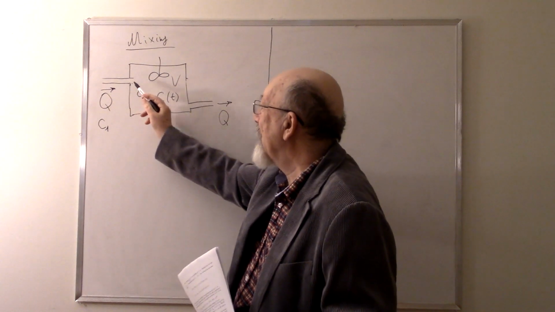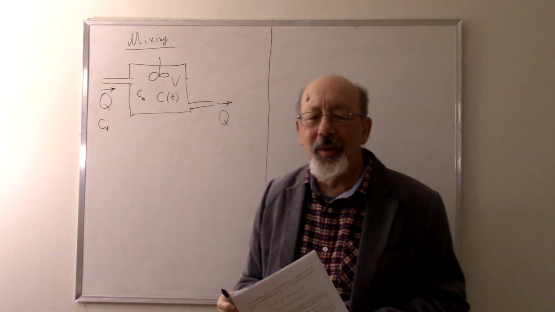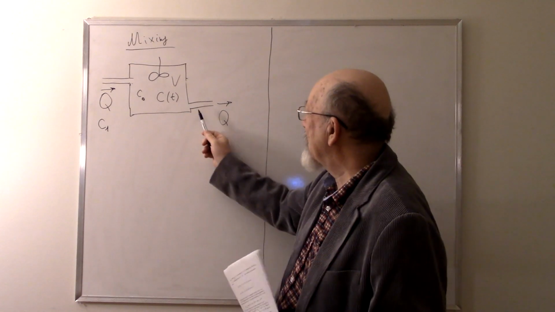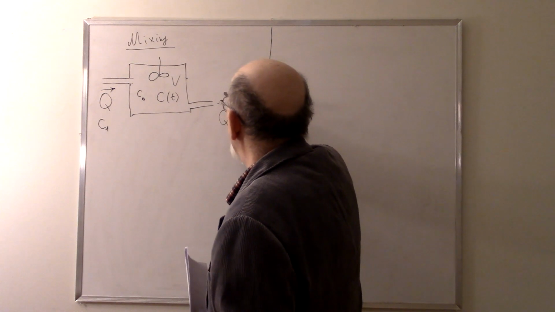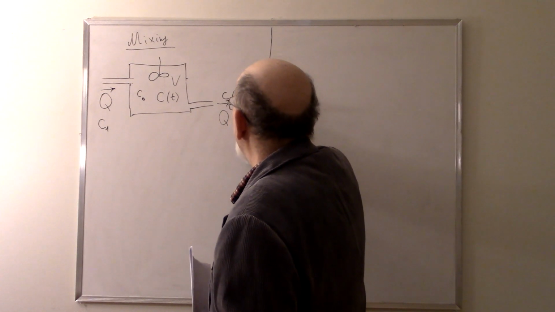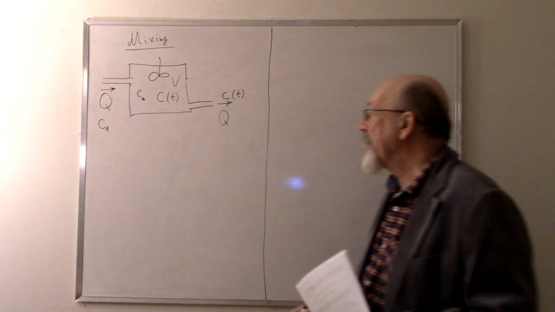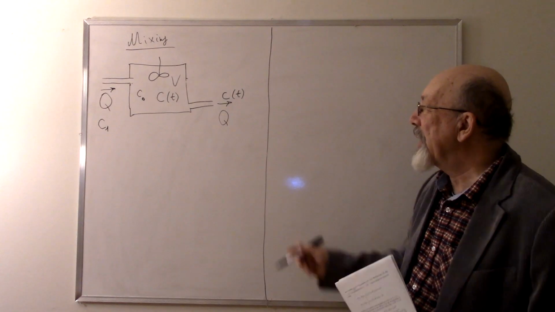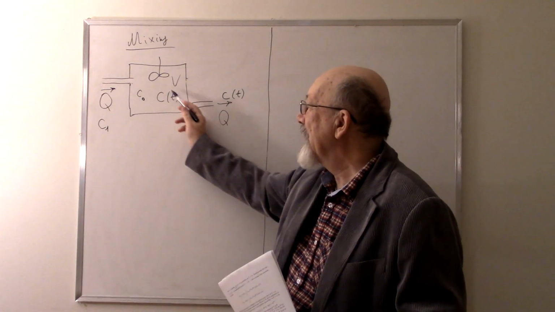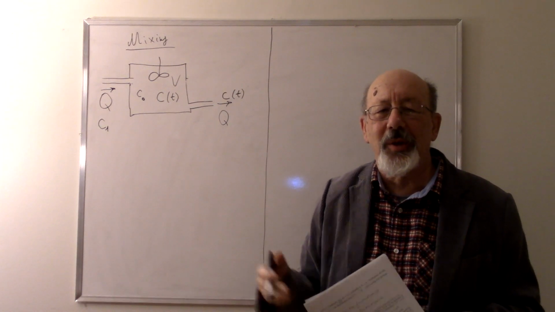Here enters solution with concentration C1, and here exits the solution with the same concentration C of t. Yes, so it is going out here, and the question is how to find this C of t, this function, how the concentration depends on time.